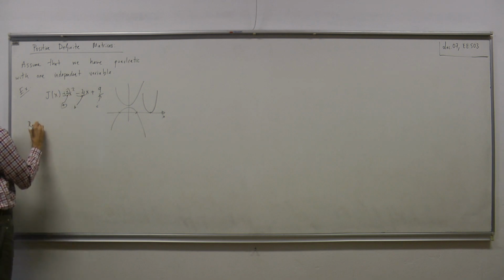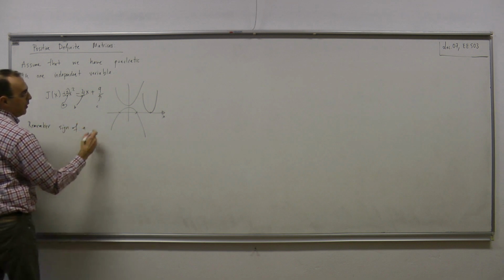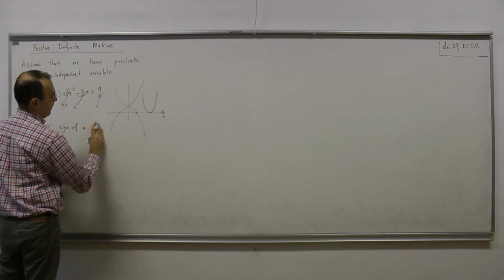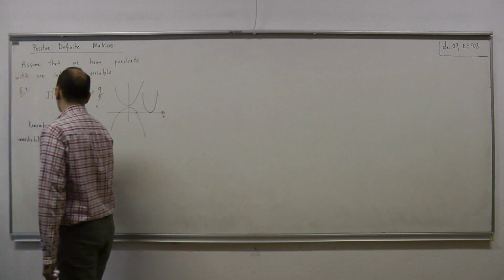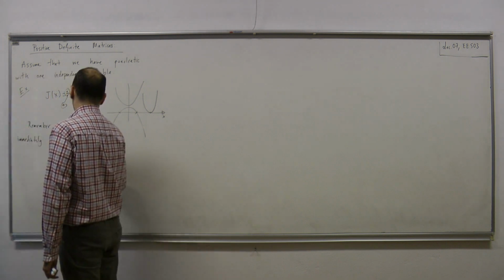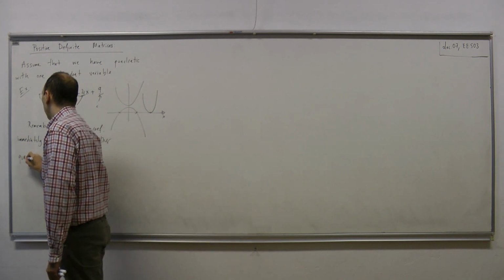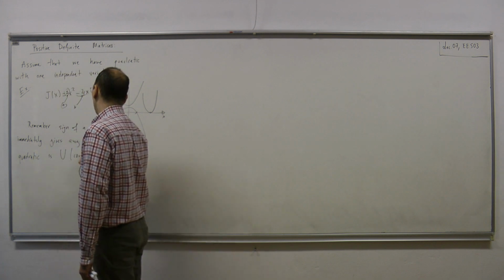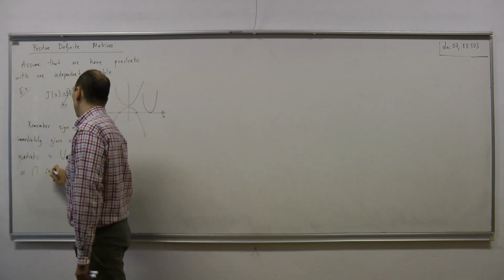So remember, the sign of the A coefficient immediately gives away whether the quadratic is concave up, or concave down.